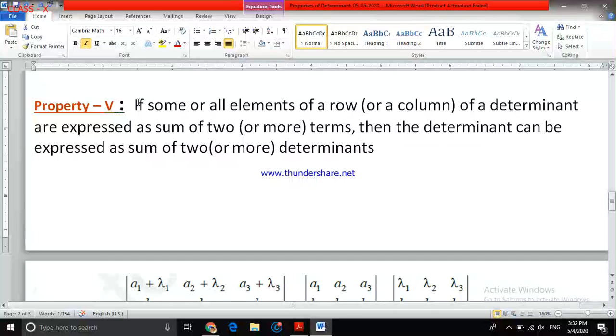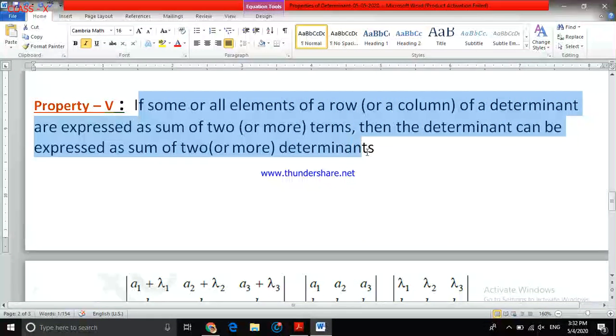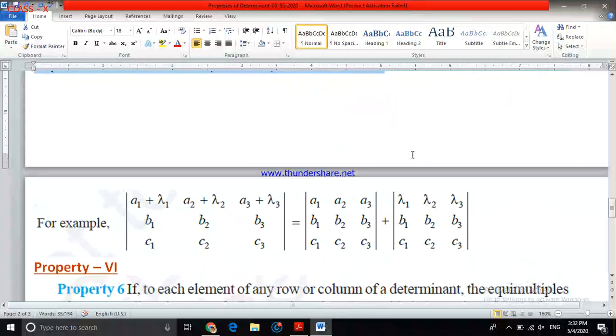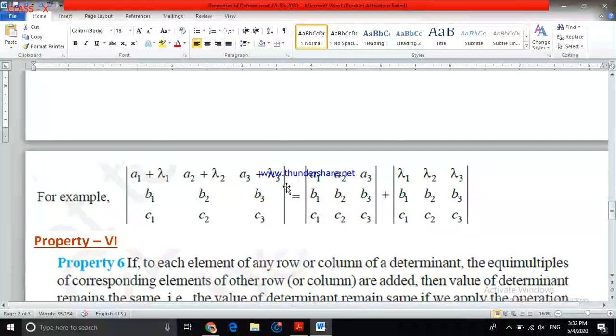If some or all the elements of a row or column of a determinant are expressed as the sum of two or more terms, then the determinant can be expressed as a sum of two or more determinants. Reading the property, you might not understand what exactly it is. Let's take an example. This is my determinant.